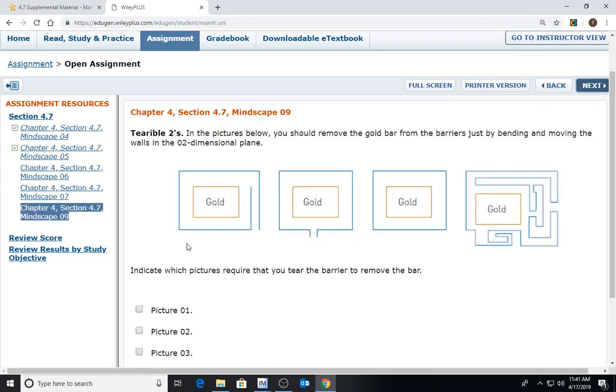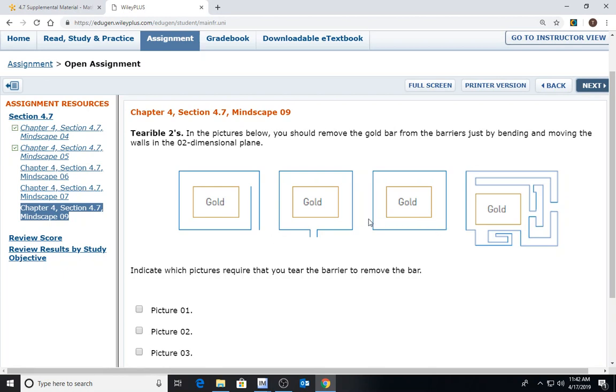So we were going to be looking at this today, but we might as well look now. What we have here in the picture, we have to get the gold bar out of the safe. The breaks in the first two allow you to just bend the corners, so you can stay on the plane itself. You can stay in 2 dimensions like in Flatland, and you can pull the doors open at the hinges.